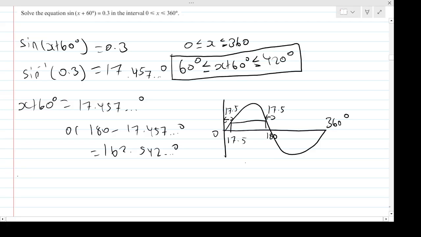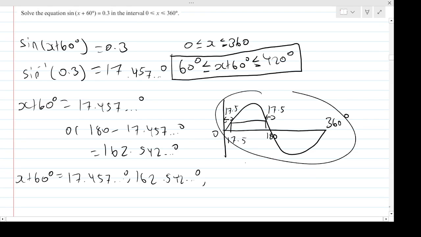So overall then, our solution x plus 60 is firstly going to be 17.457 or 162.542. And then we need to find more solutions, right, to our list of answers. And again, those are all the solutions between 0 and 360.